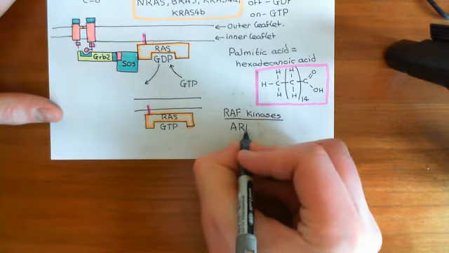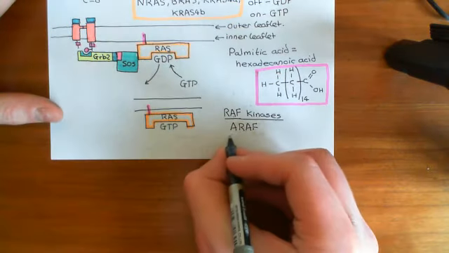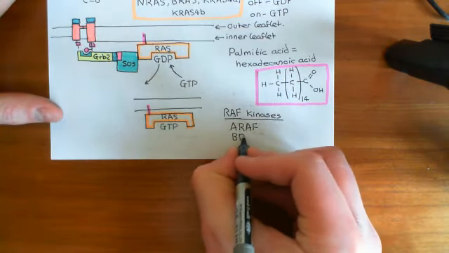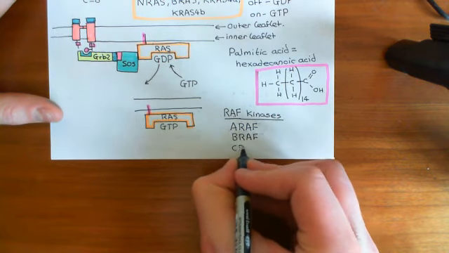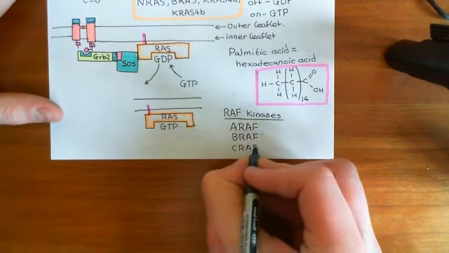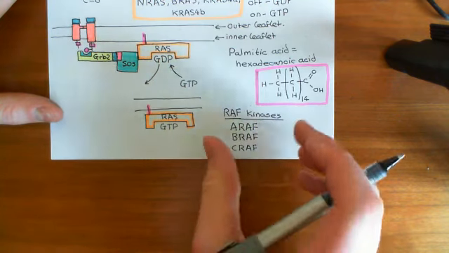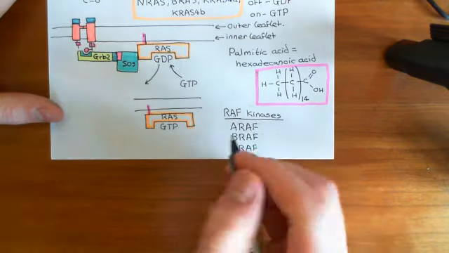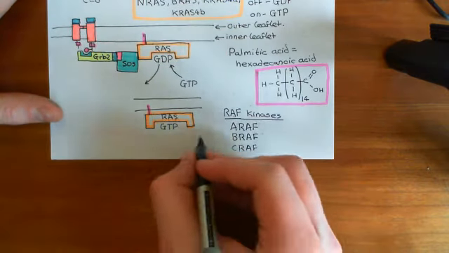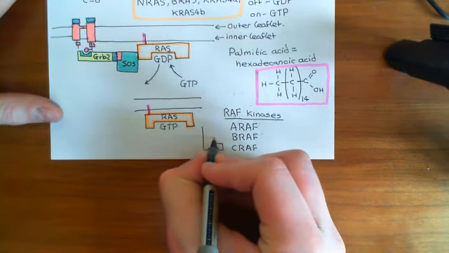And what's going to happen is the Ras monomeric G protein here in the on state is going to activate these RAF kinase enzymes. Now again, for our purposes, we are going to view all three of these RAF kinases as effectively equivalent. So we're just going to call it RAF, okay? And it's going to be in the cytoplasm. So we'll have our RAF kinase shown here in the cytoplasm.